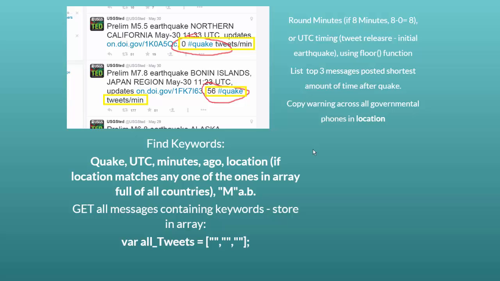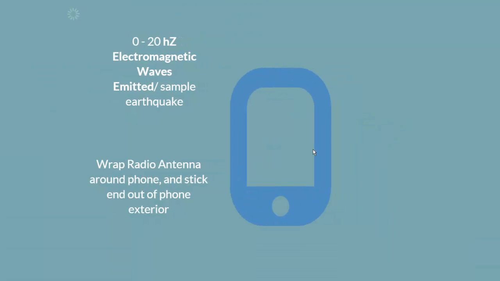So now let's move on to how we can utilize electromagnetic waves to detect earthquakes. We know that a sample earthquake emits from 0 to 20 hertz of electromagnetic waves from the epicenter. So what can we do to detect those electromagnetic waves?